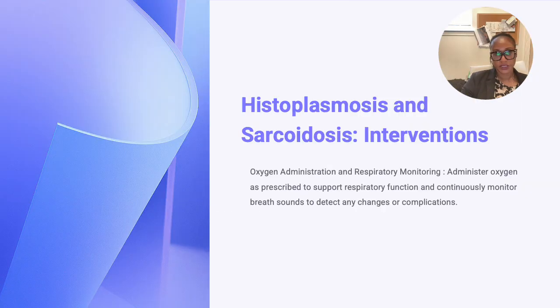So intervention is to administer oxygen as prescribed and monitor breath sounds. Administer any antiemetic for nausea and vomiting, any antihistamine, antipyretic, and corticosteroid as prescribed for the inflammation. Administer fungicidal medication as prescribed. Want to encourage coughing and deep breathing.